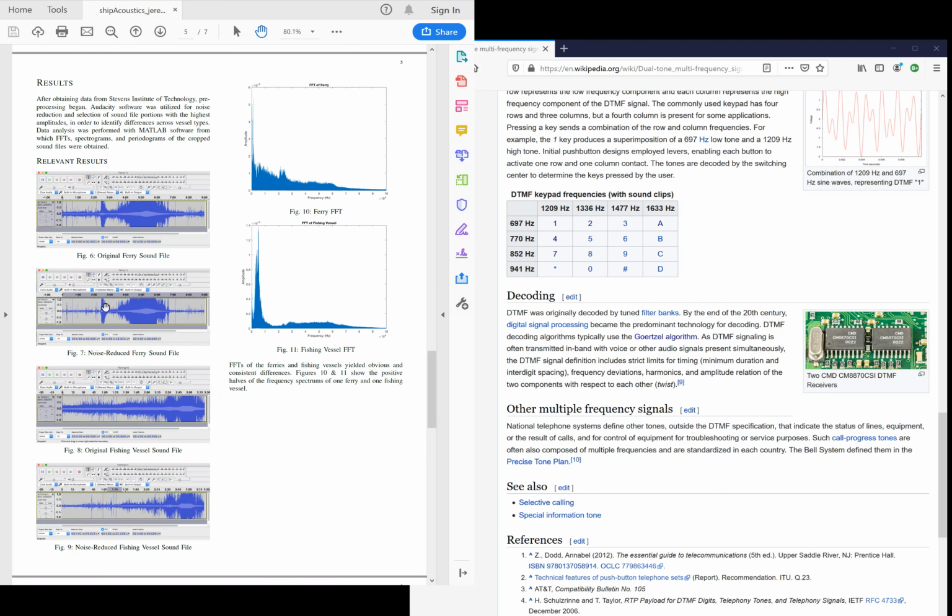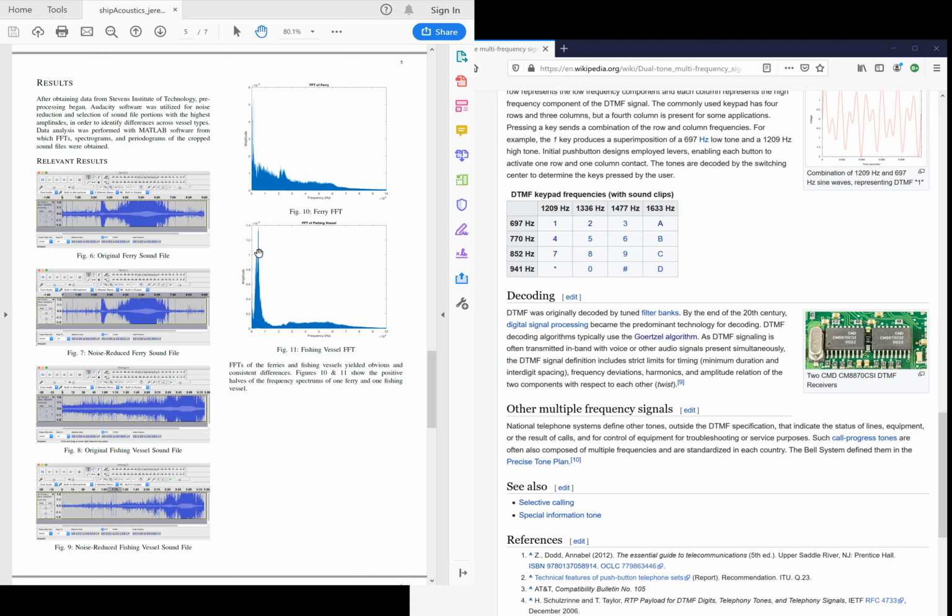There's a lot of theory here, but if we go to the results, these waveforms on the left, these are the signals, and you can't really tell much by looking at the time-based signals. One's a ferry and one's a fishing vessel. What you do is you take the transform of the signal, and so now here's the ferry Fourier transform, and it's the magnitude, and here's the fishing vessel magnitude of Fourier transform.